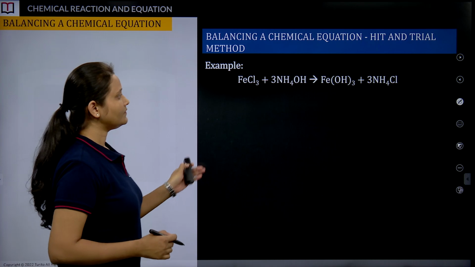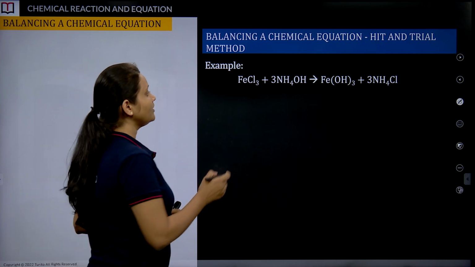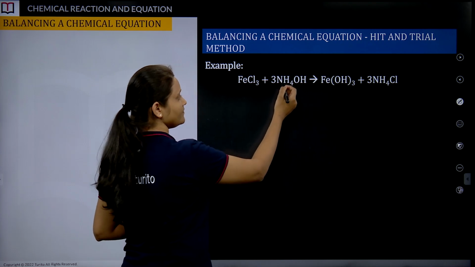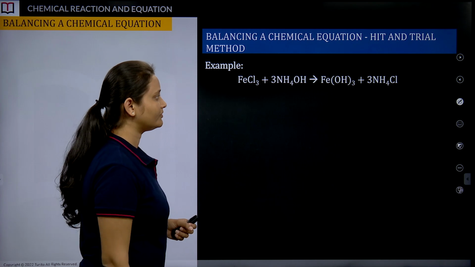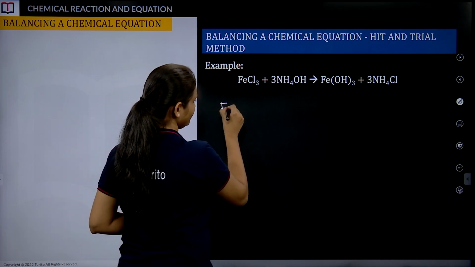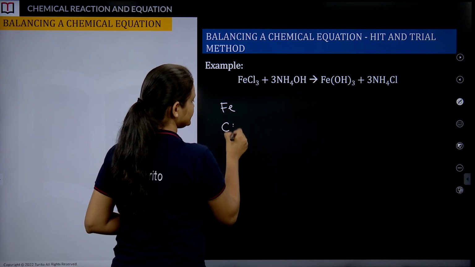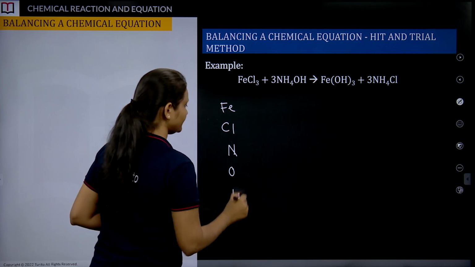Okay, this looks very big, right, in the picture. So FeCl3 is reacting with NH4OH, giving you Fe(OH)3 along with the formation of NH4Cl. Now quickly, Fe, then we are having Cl, then nitrogen, oxygen and hydrogen, correct?